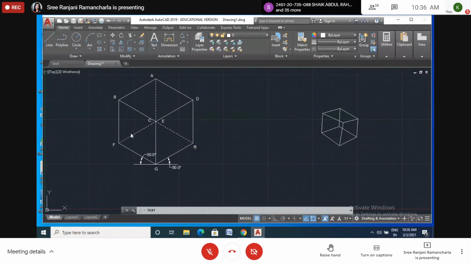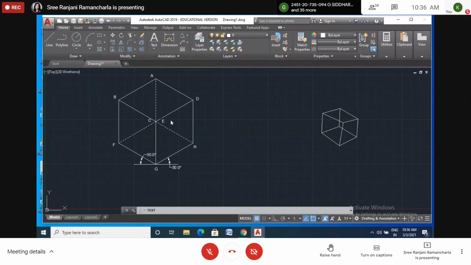So this diagonal is perpendicular to VP. The line is nothing but a diagonal line. One end is E and one end is C. Here E is behind, and as per our drawings, the hidden part should be in brackets.